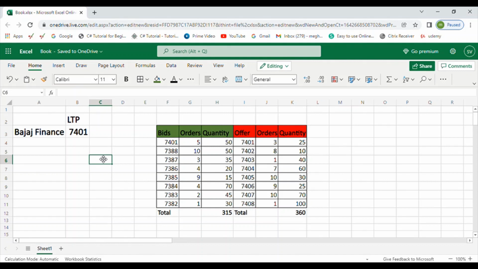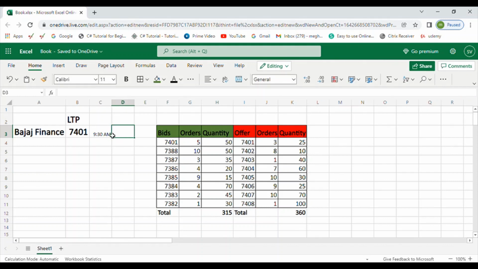Now in this case, what does a market order mean? A market order will be executed at the best possible price. Now as a buyer, I came to the trading terminal, and let's say this is the price of Bajaj Finance at 9:30 a.m. in the morning.